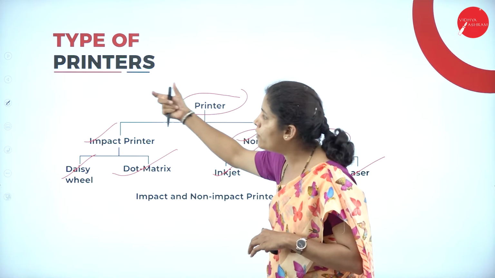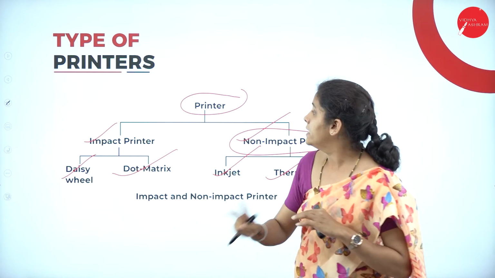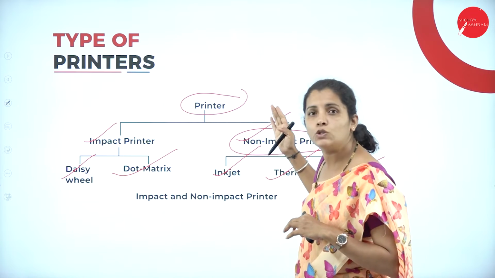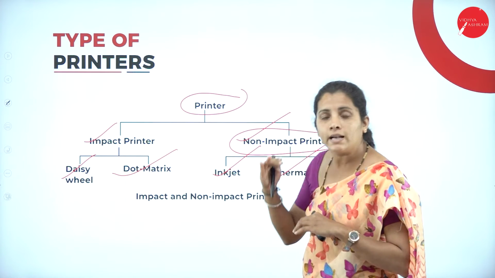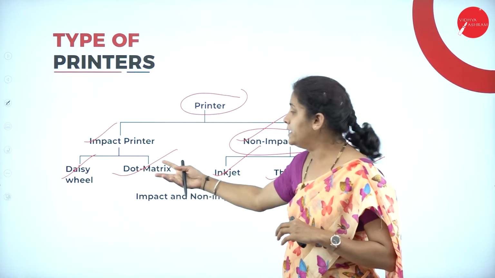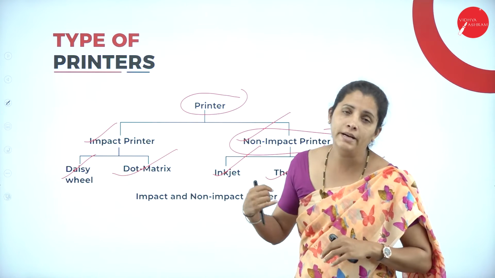So in types of printers, we are going to get two types: first, the impact printer, and next, the non-impact printer. But in this unit, we are going to study the dot matrix printer, inkjet printer and laser printer.